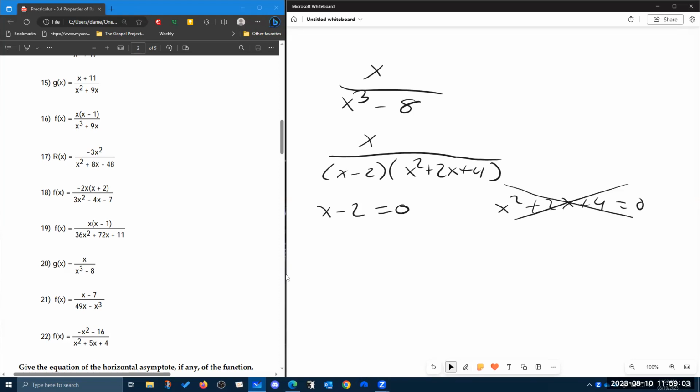And this one's not ever equal to 0 in the real world. Graph that in your calculator if you're unsure about it, but it's going to stay above the x-axis the entire time. So there's my only vertical asymptote for this problem.